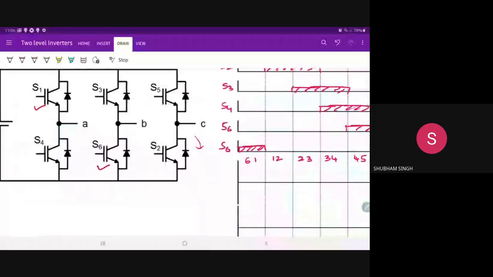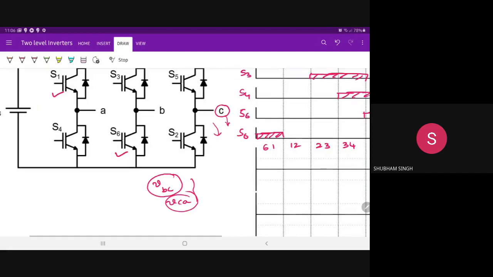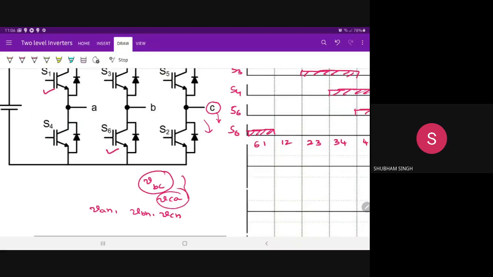When the C phase is floating, you cannot predict the voltage VBC and VCA, since this C phase is not connected to any switch. Therefore you don't know what the voltage is at this point, so you cannot predict the line voltages. But you can find VAN, VBN and VCN by connecting some load here.